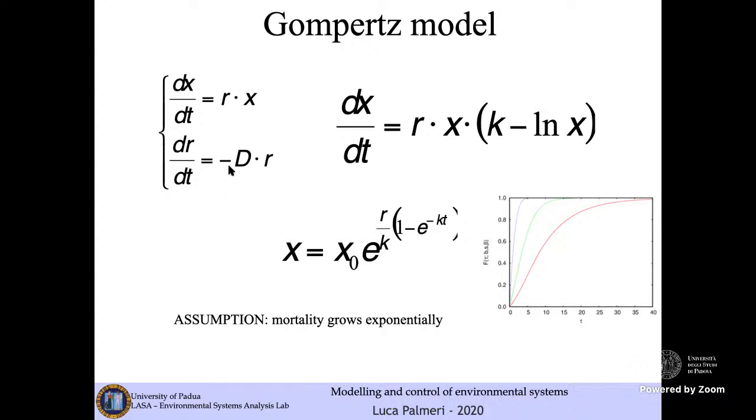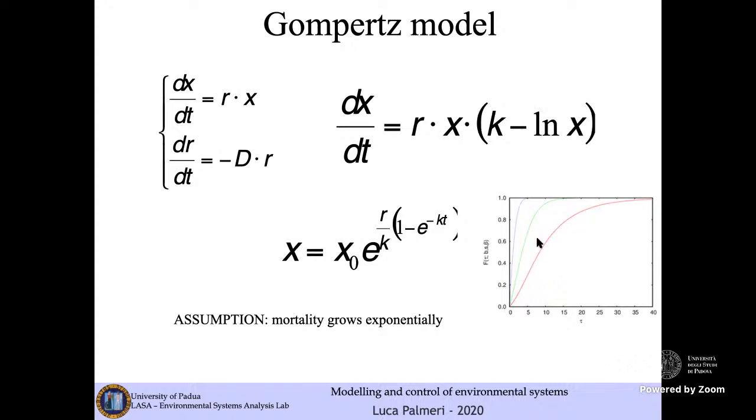So if you include an exponential increase of mortality with the population number, then you end up again with a sigmoidal curve that is much more pushed toward the left.